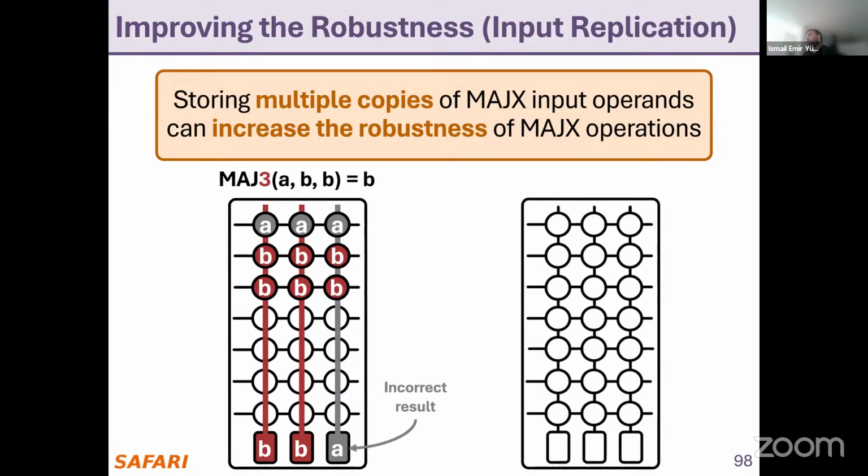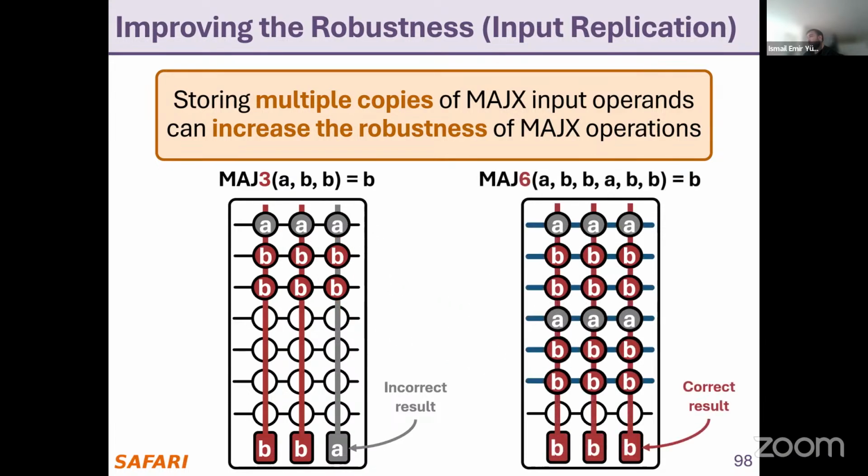So what do we do to increase the success rate is that we copy the cells to perform MAJ6, and the functionality is the same as MAJ3. So the left MAJ3 and right MAJ6, at the functionality level, are the same.